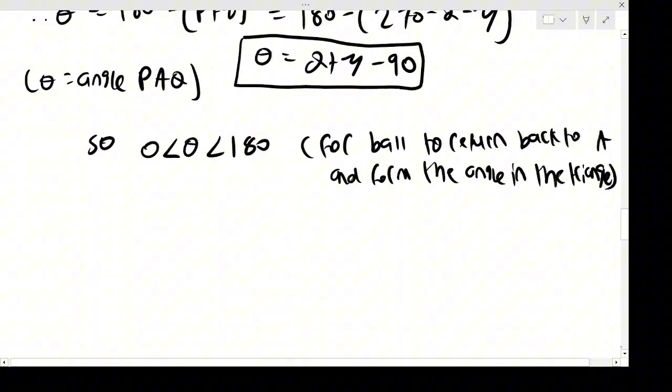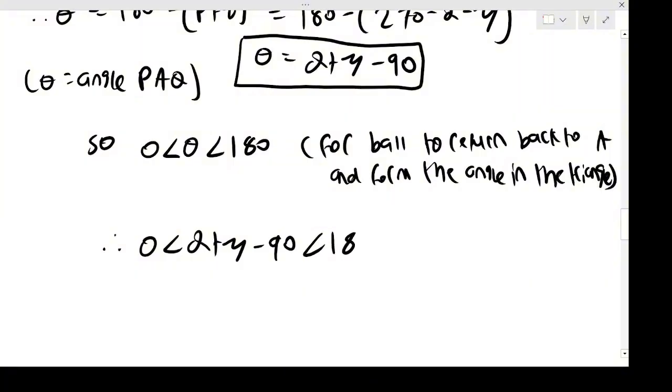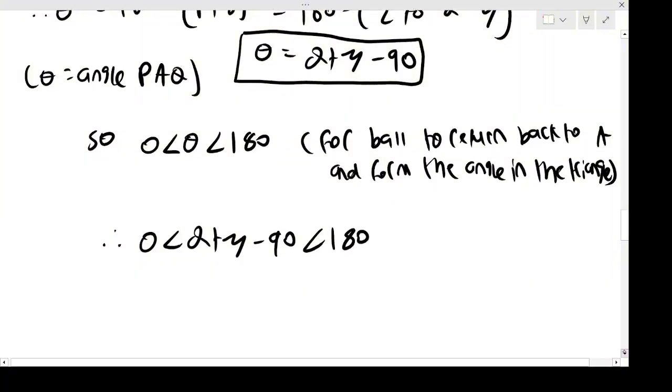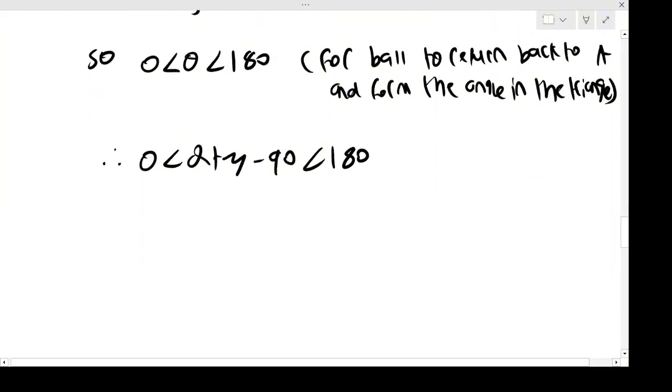So it's between 0 and 180, but then we could sub our expression in. So therefore 0 is between alpha add gamma minus 90 and 180. So what we can then do, I guess, is rearrange for one of them. We might then rearrange for gamma.